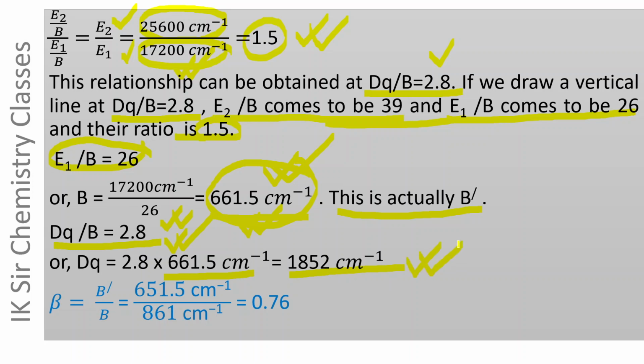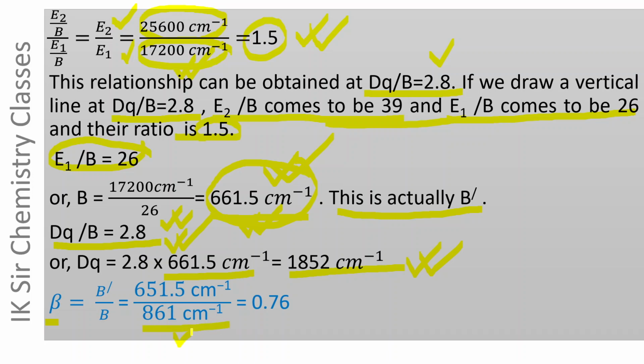And now the term for the nephelauxetic ratio, B dash by B. It is equal to 661.5 cm inverse for B dash, and B is equal to 861 cm inverse.